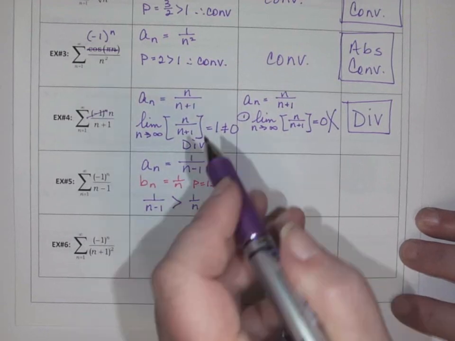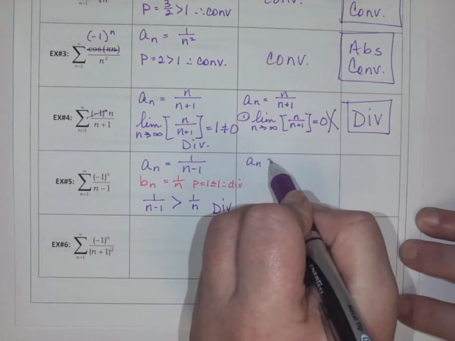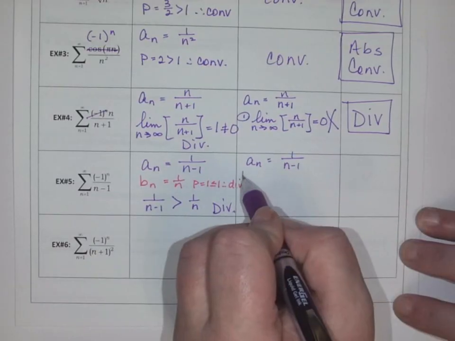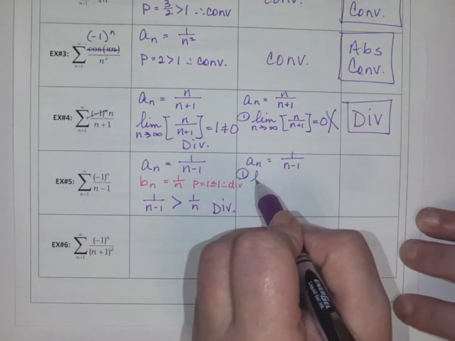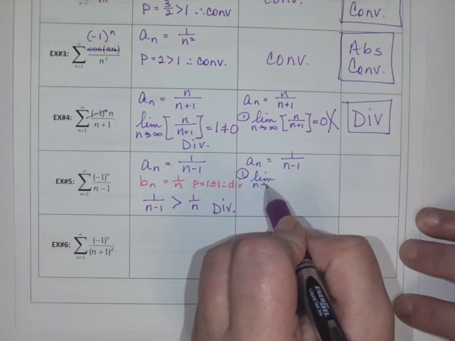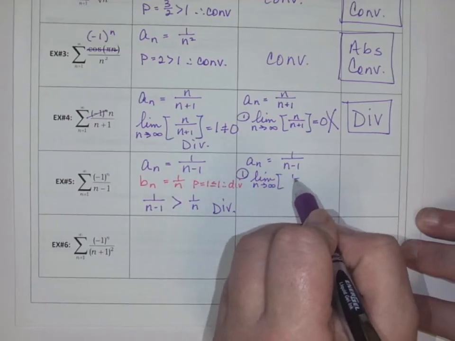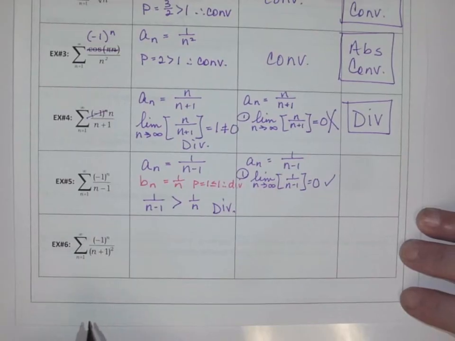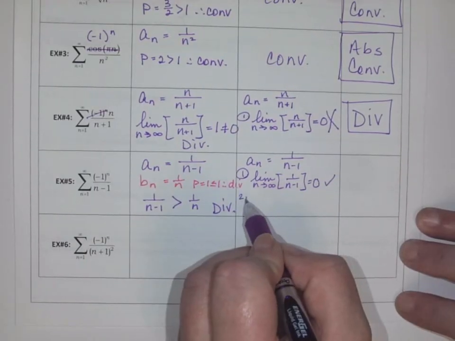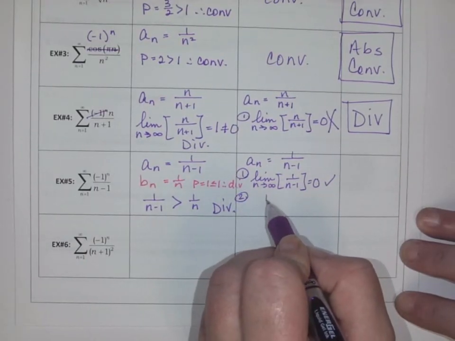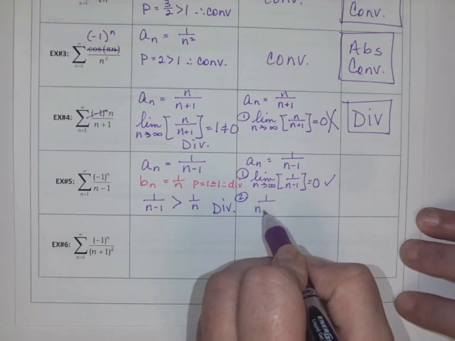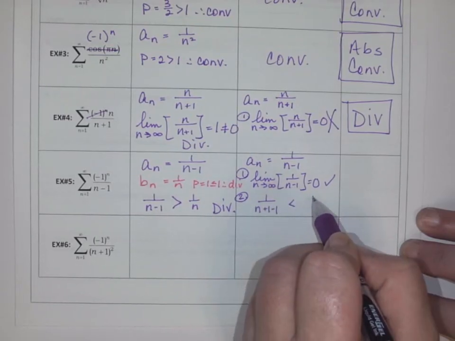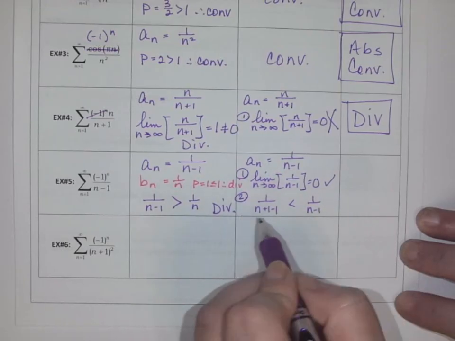Now, over here, I'm going to try my alternating series test. So we have 1 over n minus 1. So my first condition is the limit as n goes to infinity of 1 over n minus 1 is equal to 0. That is, it's bottom heavy. My second condition is decreasing, so 1 over n plus 1 minus 1 needs to be less than 1 over n minus 1.